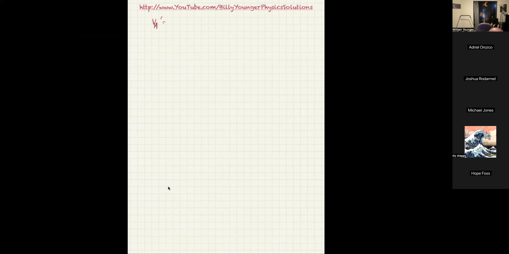VA prime, which equals VA cosine theta A prime, is equal to, now I'm going to plug in the figure, 8.2 times 10 to the fifth meters per second times cosine of 60 degrees.